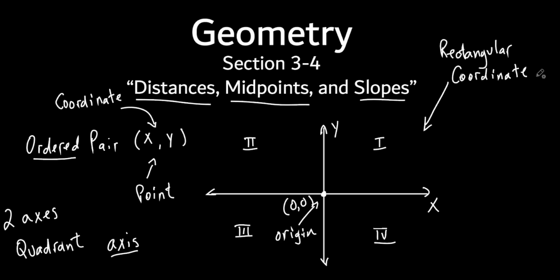Another name is named after a French guy. The guy's name sounds like a girl's name, but in France it's a guy's name too. It's Rene Descartes, C-A-R-T-E-S. It's got an S on there, but in France they don't pronounce the S.